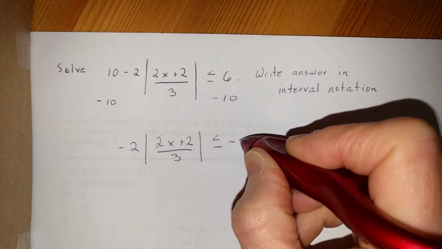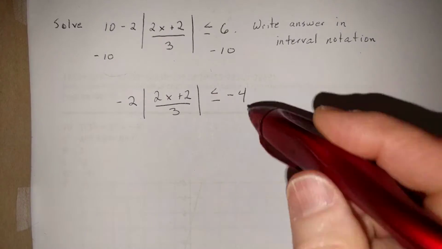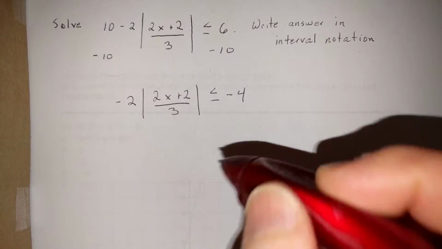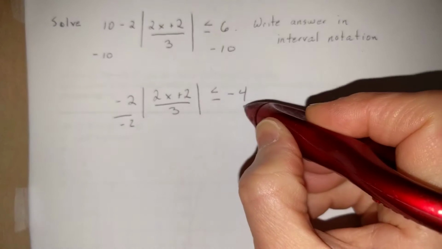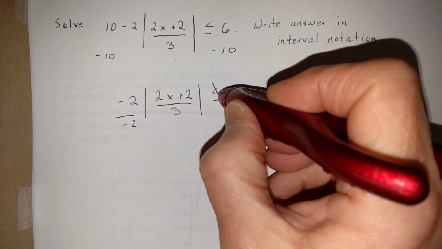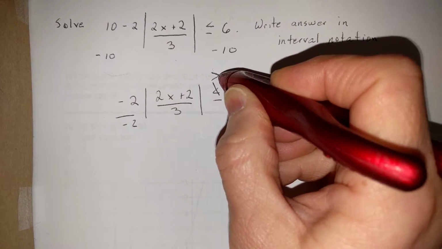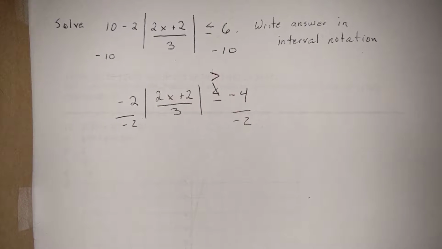equal to -4. Again, I'm working on isolating my absolute value, so I must multiply by -1/2 or divide by -2. Key here, when I divide, I must change the direction. When I divide or multiply by a negative number, I must change the direction of the inequality.